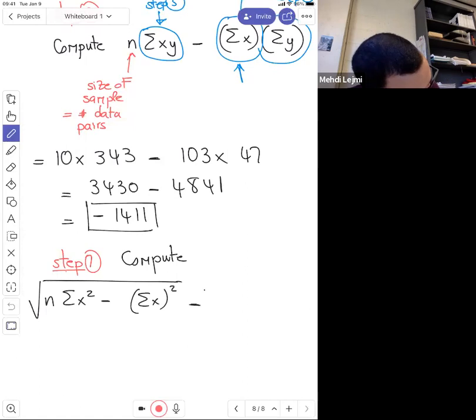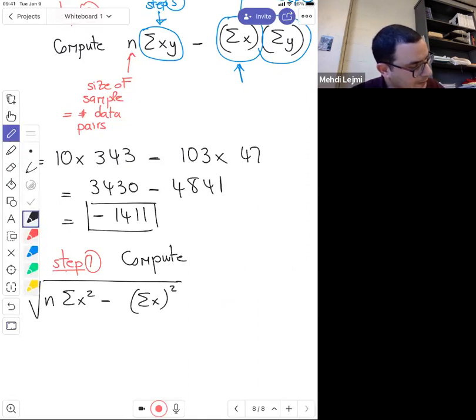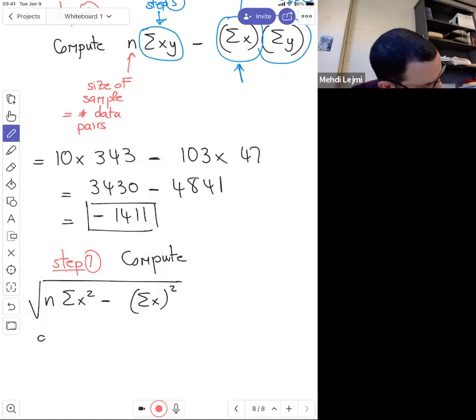Minus, and then the same thing, times, we multiply. So compute this thing, the square root of the same thing with the y variable: n times the sum of the y squared minus the square of the sum of the y's.